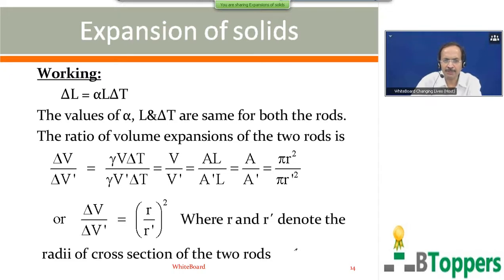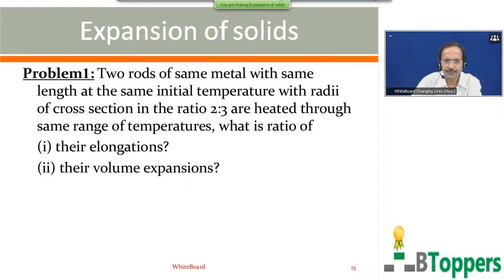Next, I want to solve one problem based on this case one. Look at the screen for the problem here. I am going to read out the problem. Two rods of the same metal with the same length at the same initial temperature with radius of cross section ratio 2:3 are heated to the same range of temperature. What is the ratio of, first part of the question, their elongations, second part of the question, their volume expansions, which I just discussed now.